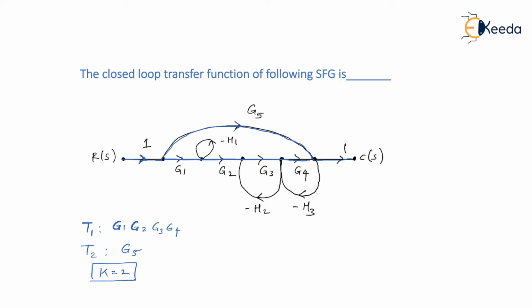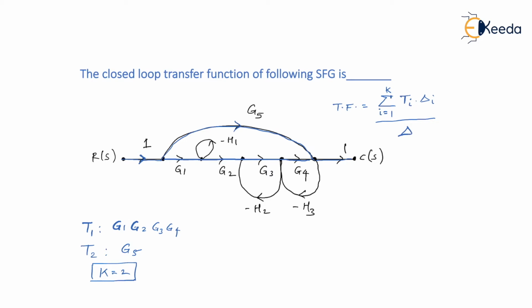If you have seen Mason's Gain formula, the upper limit of the summation in the numerator was K. Let me remind you what the formula for the transfer function was. The transfer function is in general given as the summation, with i changing from 1 to K, of Ti multiplied by delta i, whole divided by delta.